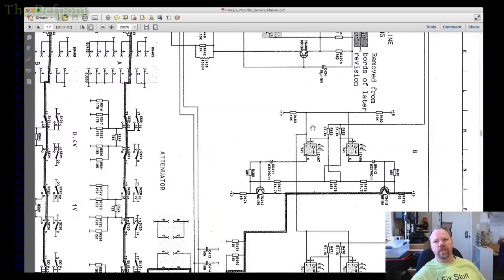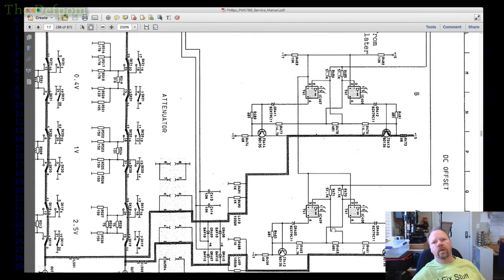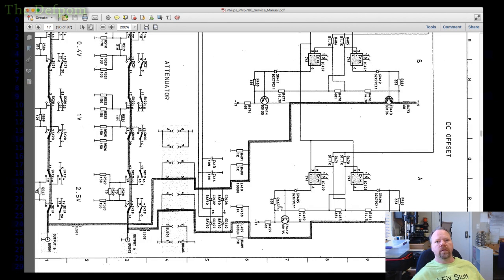Which would be these things here. And these things here. The voltage dividers here. For feedback.